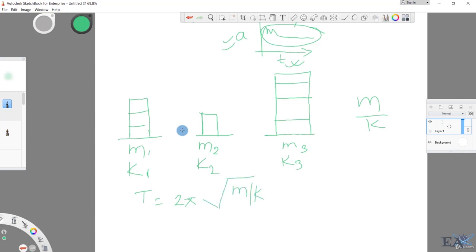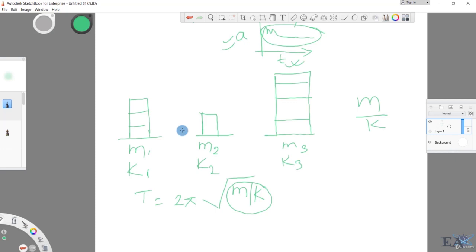Okay, so if this ratio is same for all these three buildings, that is, here you can see that it has got mass m1 and stiffness k1. This building over here has got lower mass as compared to this building because it is shorter. But if this building has got higher stiffness as compared to this building, then this ratio can be same for these two buildings.